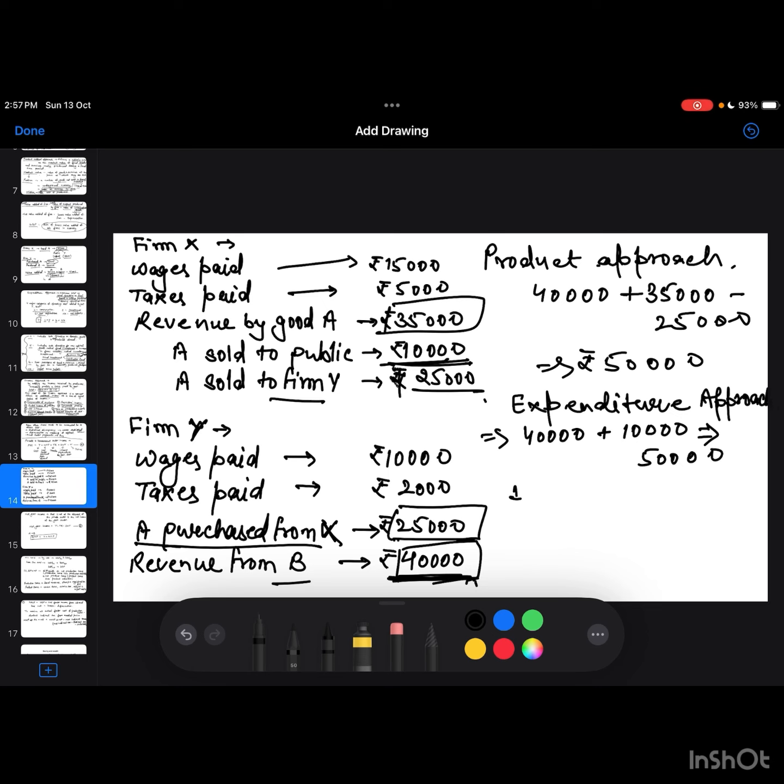From the income method, here the profit of the firm Y will be 40,000 minus 25,000, and we will also subtract 10,000.